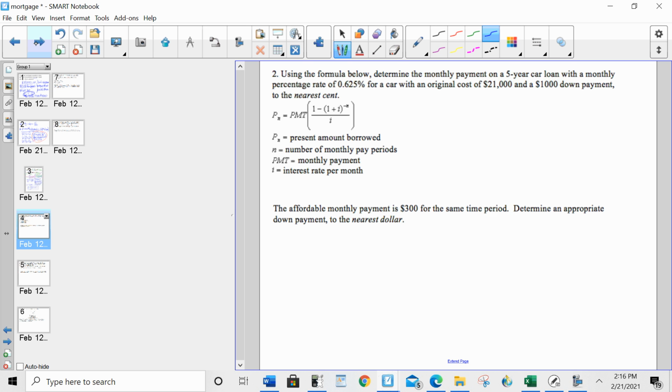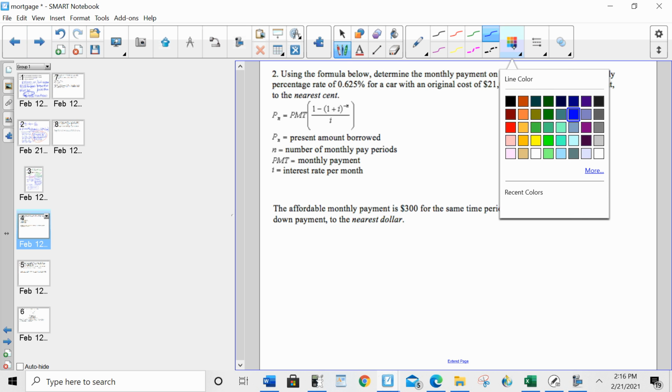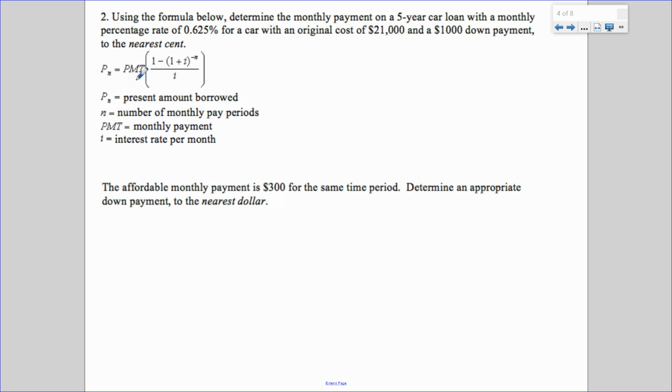Number 2. Let's go orange. Using the formula below, determine the monthly payment on a 5-year car loan with a monthly payment, and so on. All right, let's start filling things in. So the present amount borrowed, that's the principal.